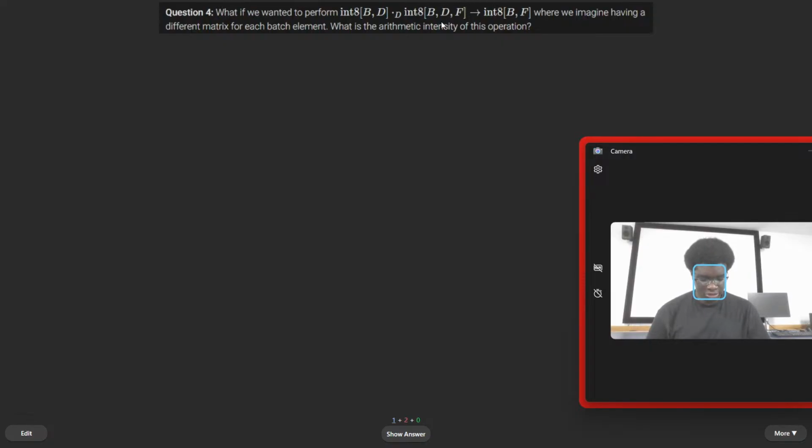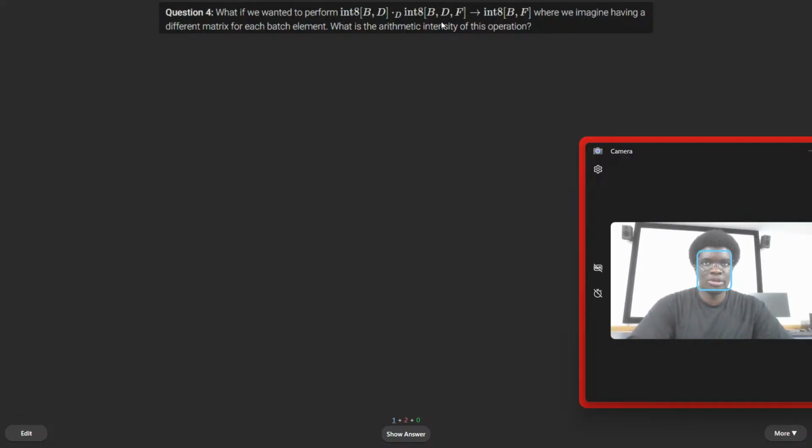We can simplify, again using the assumption that B is much less than D and F. So we get 2BDF, neglecting the minus 1 factor, over BD plus BDF plus BF. We can basically neglect the BD and BF terms because they're much smaller than BDF. Then cancel the BDF, and we get an arithmetic intensity of roughly 2, which is pretty low.